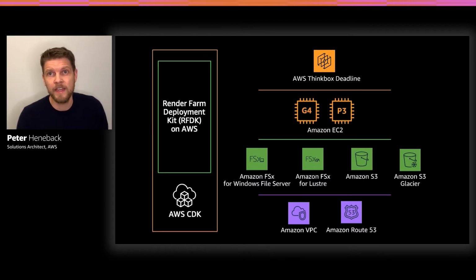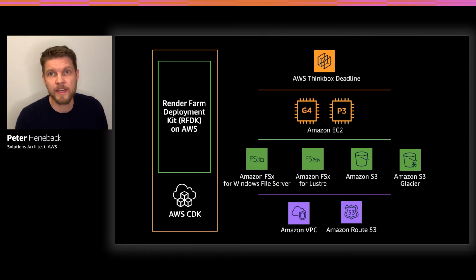With the RFDK, you can set up the VPCs and networking to deploy cloud-based render farms with high-performance storage, such as Amazon FSx for Windows File Server and FSx for Lustre, in combination with object and archive storage using Amazon S3 and S3 Glacier. You can also use accelerated compute instances, such as EC2 G4s and P3s, and take advantage of GPU accelerated rendering for the most complex graphics.